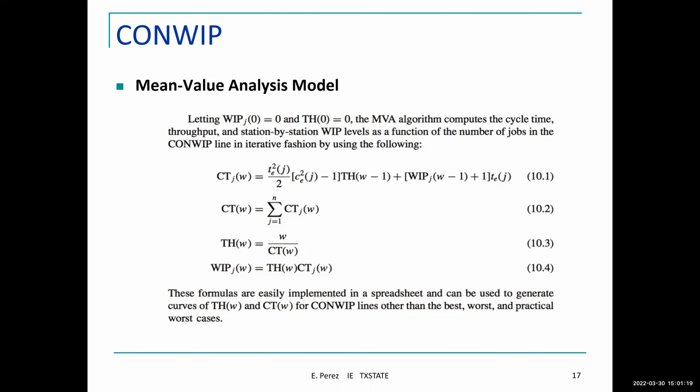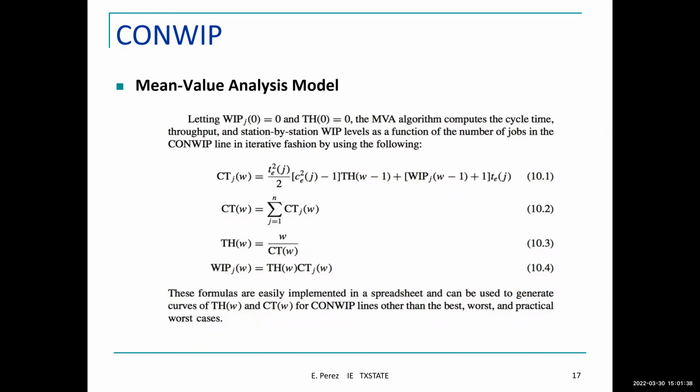So let's look at the mean value analysis model, which is represented here by these equations. We let WIP_j(0) be equal to 0 and the throughput TH(0) equal to 0.